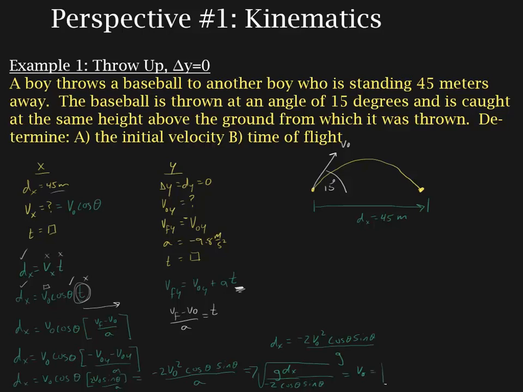Substituting values, we get the square root of minus 9.8. We have not taken care of that negative sign yet. Times 45 divided by minus 2. And now the negatives cancel out, which is good because we can't take the square root of a negative number, times the cosine of 15 degrees times the sine of 15 degrees.